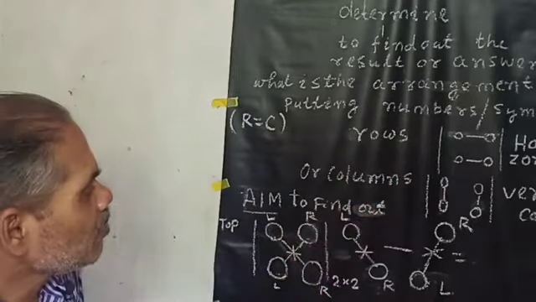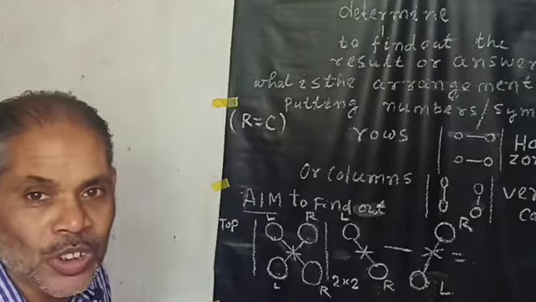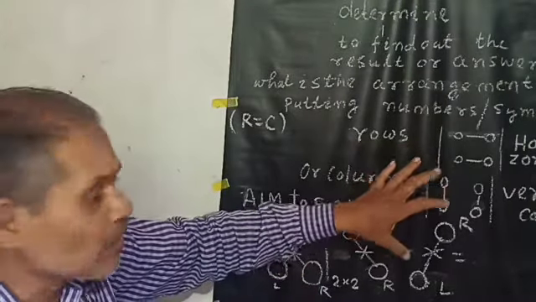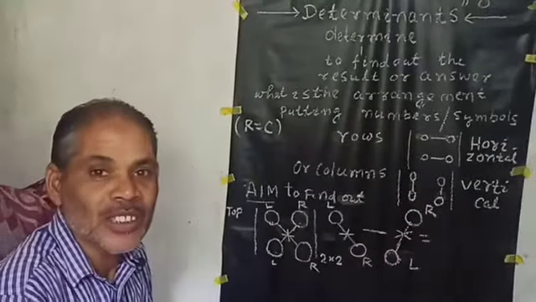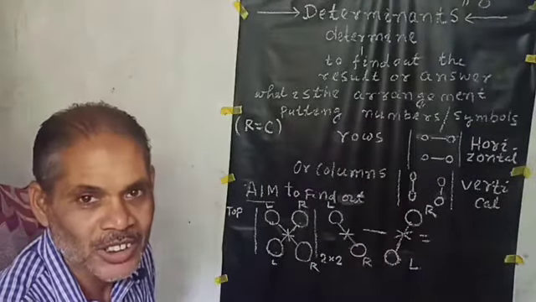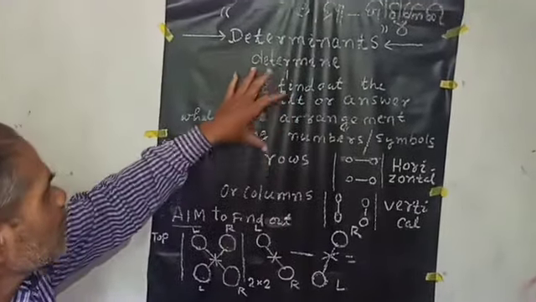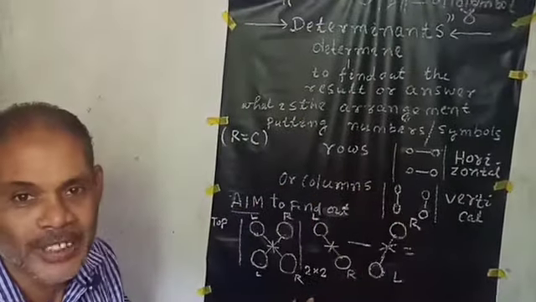I try my best to communicate to you the very simple thing. The graphs are very useful and the graphs are easily captured in your mind. So I represent this determinant by graphical way.